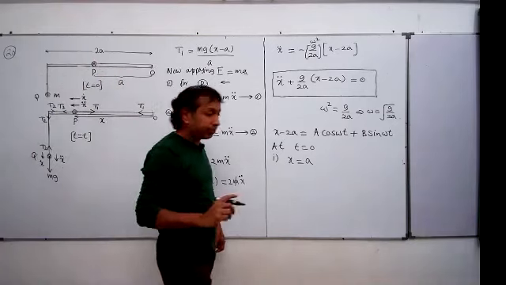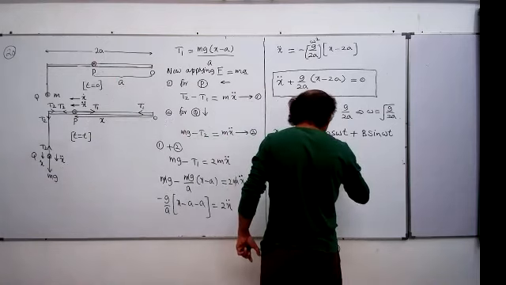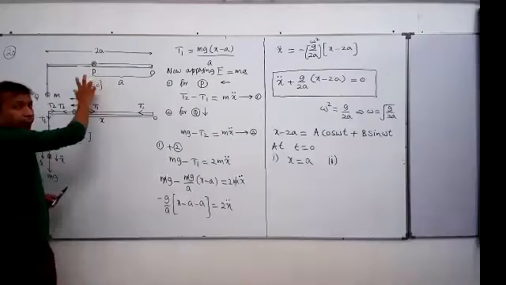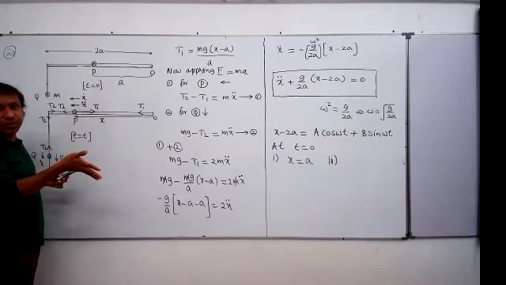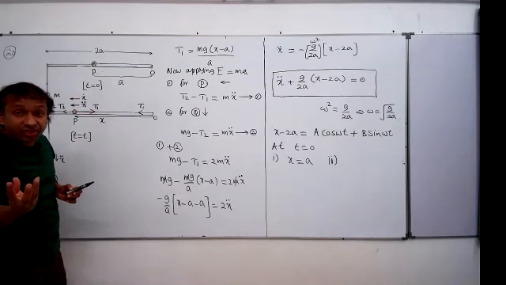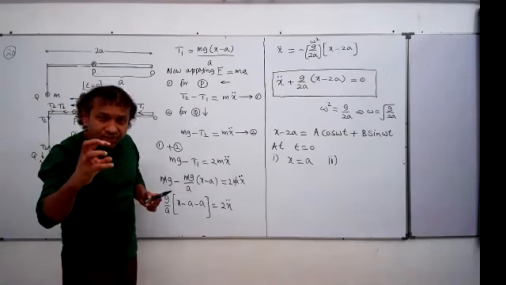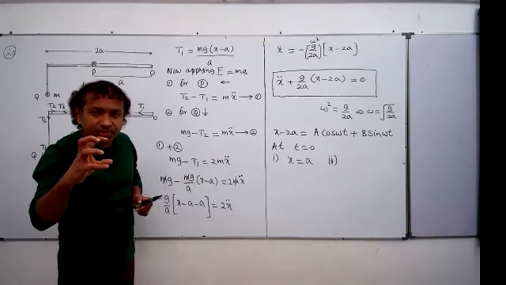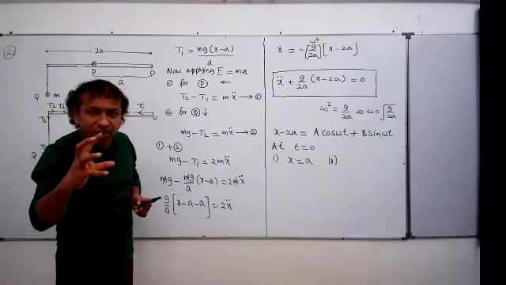Well, what is the other one? The other one is, people, that when the particle P begins simple harmonic motion, its initial velocity is 0. From rest only we release. Then particle P begins the simple harmonic motion with initial velocity 0.